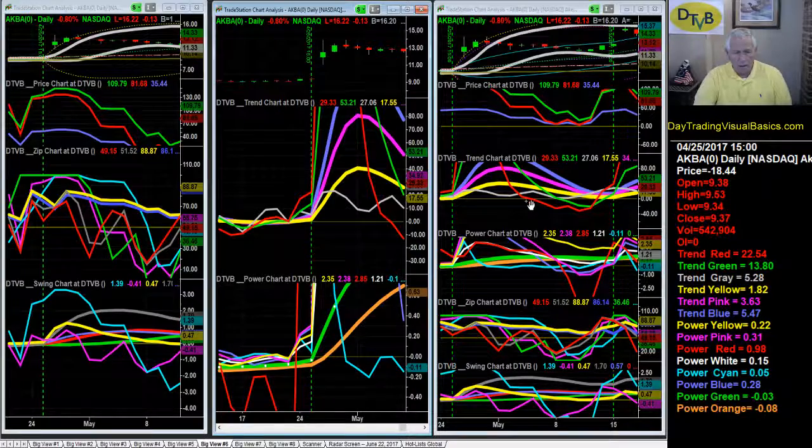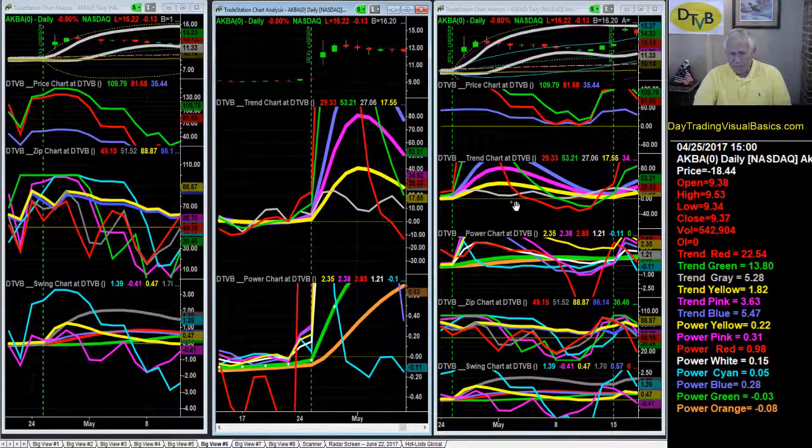And then trend gray is divergent, trend gray is a down touch to the trend blue line, and trend gray is also divergent with trend red.